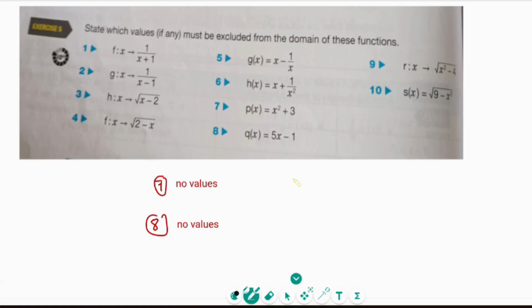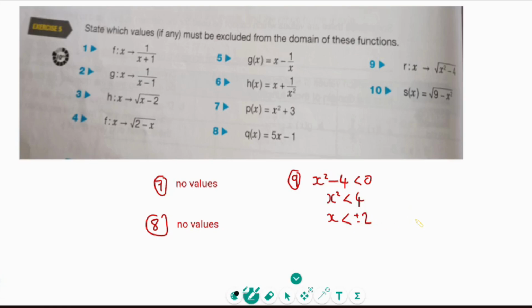Now, let's have a look at 9 here. Under the square root, we cannot have the square root negative, can we? So anything negative must be excluded from the domain. Add 4 to both sides. Square root both sides. Well, this is interesting, isn't it?